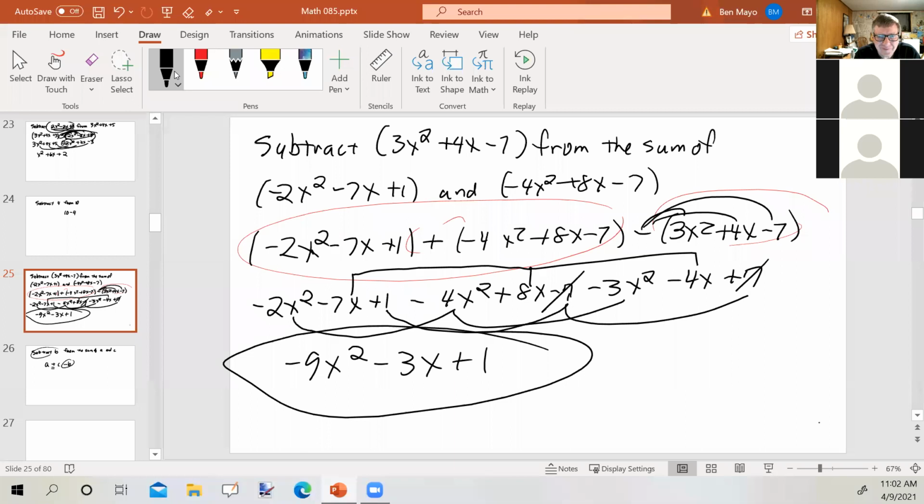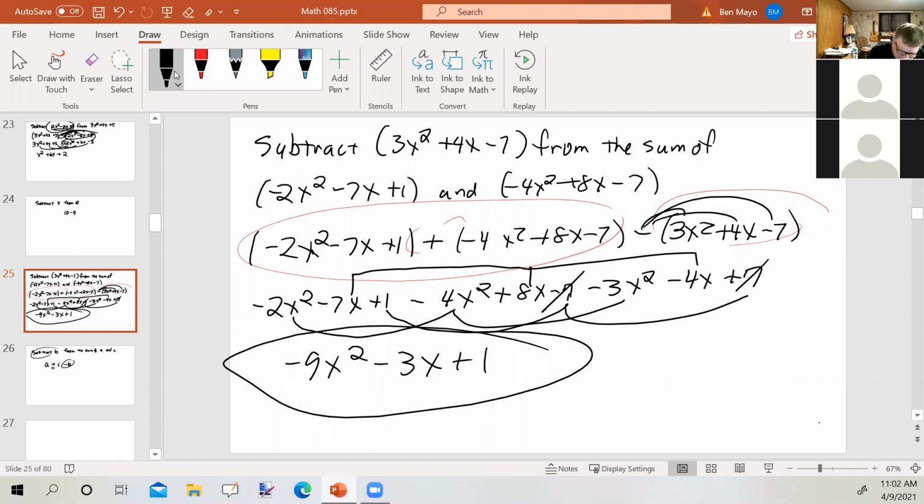Okay, so would this be the same, because how it says subtract the polynomial from the sum of the next polynomials, wouldn't we have to first add up the 2 and then subtract the first one from the sum of the 2? I see what you're saying.